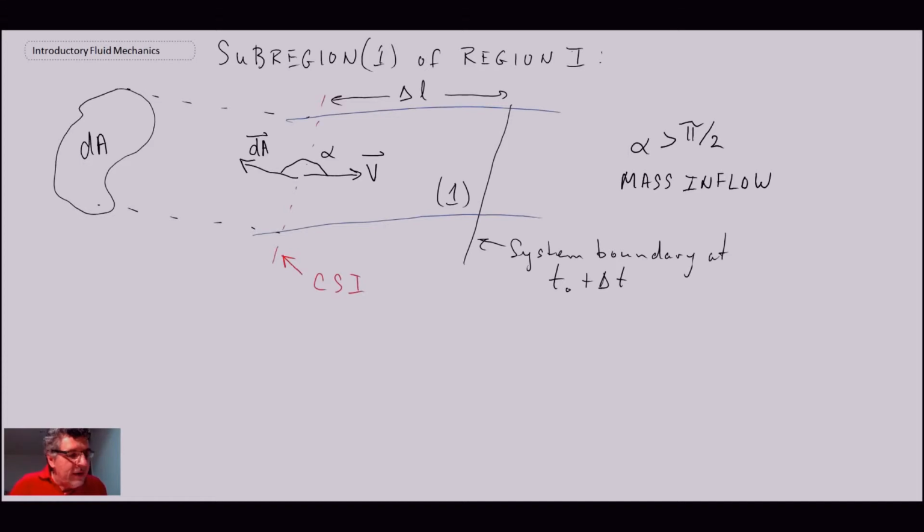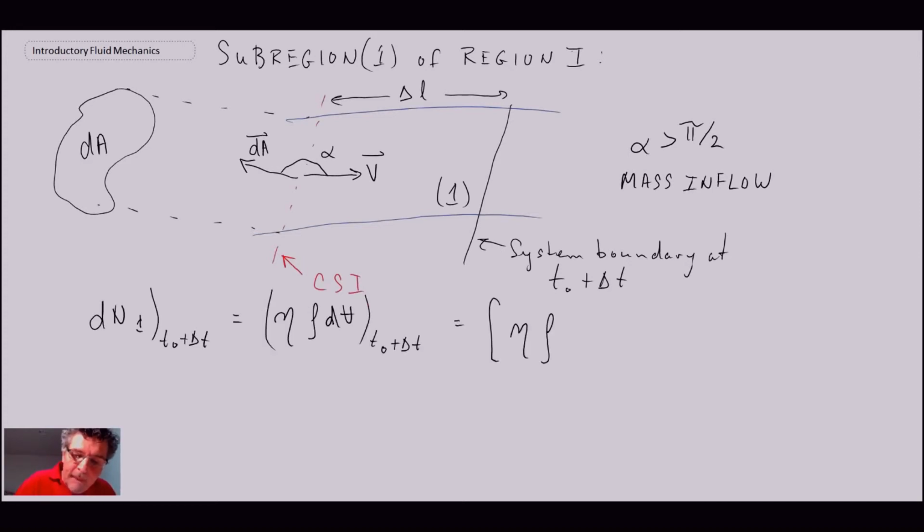Okay, so what we need to do is follow the steps as we did for subregion 3, come up with a differential element. So eta, rho, our intensive property, density, but the volume is going to be the volume of this little element or differential element that we have here, so we'll just follow like we did before.